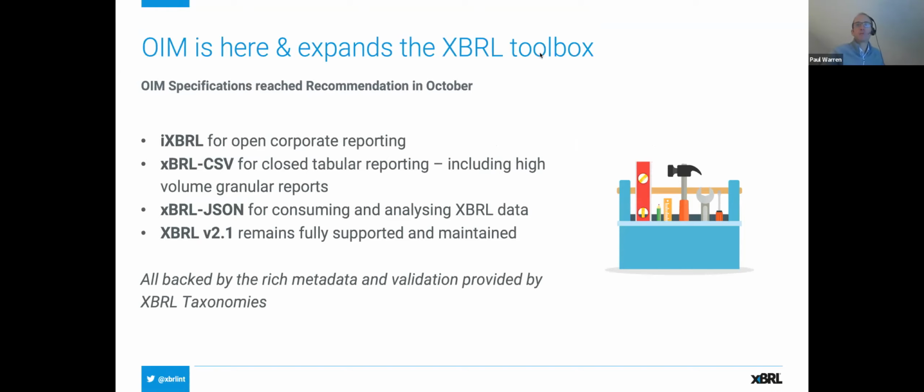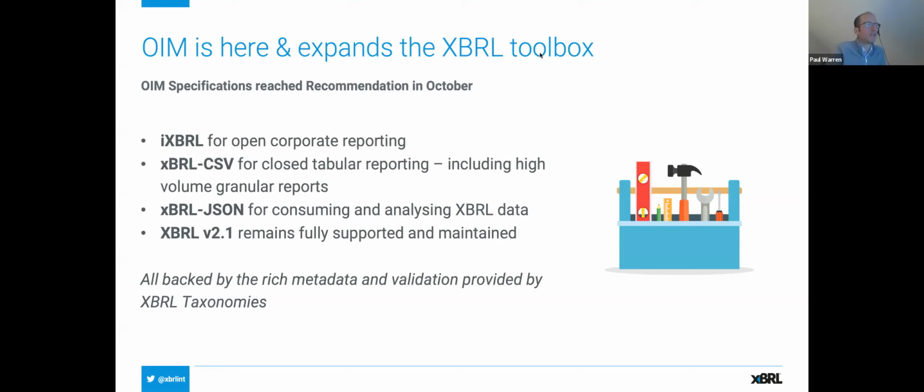We have iXBRL or inline XBRL, which, as you know, is in use for ESEF, and we don't see OIM having any immediate impact on that because inline XBRL is particularly well suited to the problem of open corporate reporting, where you have tag data tied into a human readable presentation. We do think that xBRL-JSON has a role in making the data in those reports more accessible, but we see inline XBRL continuing to be used for the reporting channel there because the tied presentation is so important. But we've got these new tools.